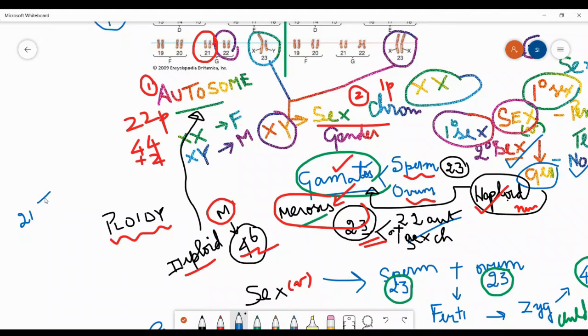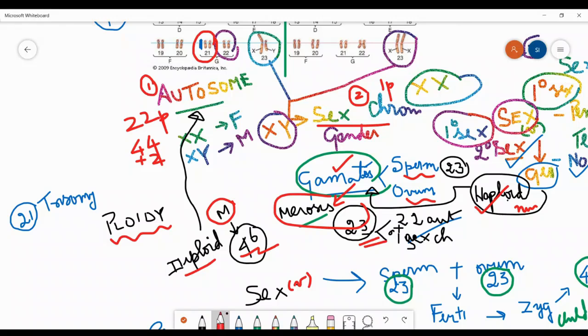trisomy is a disease produced when we have an extra chromosome in the 21st set. We have one more here, becomes 3, that's called trisomy of the 21 chromosome.